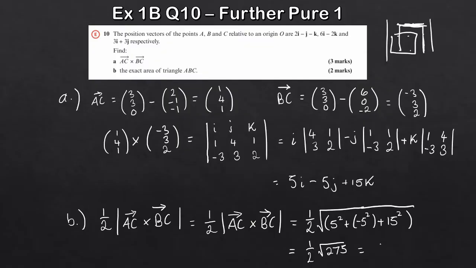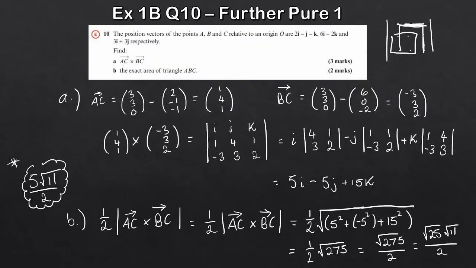So in other words, that's the square root of 275 over 2, which I can simplify as being root 25 root 11 over 2. And then my final step to simplify this, root 25 is just equal to 5. So my final answer is just going to be 5 root 11 over 2. Okay, and that's my exact area of the triangle ABC.